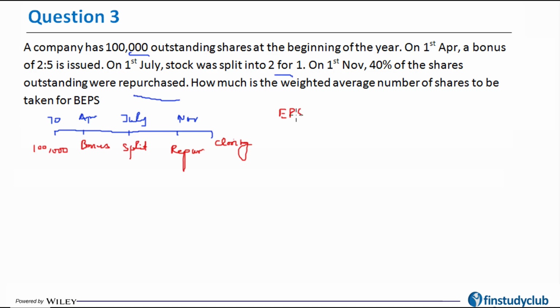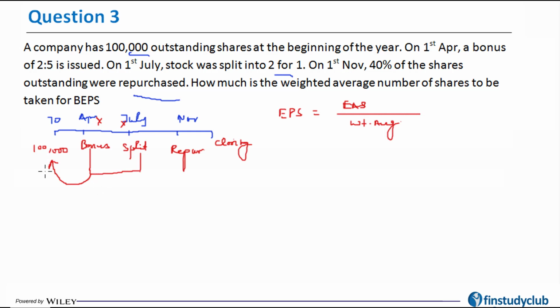recall that for calculation of earning per share, what you need is the total earning divided by the weighted average number of shares. And while calculating the weighted average, bonus and split does not have any relevance with regard to the date. The shares will be deemed to be outstanding from the date of base shares.